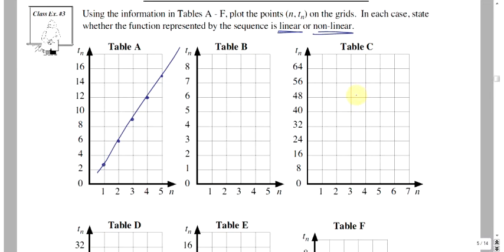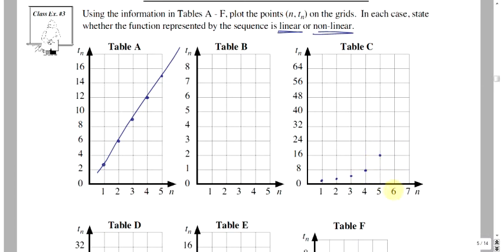Table C, on the other hand: 1, 2, 3, 4, 5, 6, 7. 1 was 1. 2 was 2, double 1. 3 was 4, double that. 4 was 8. 5 was 16.